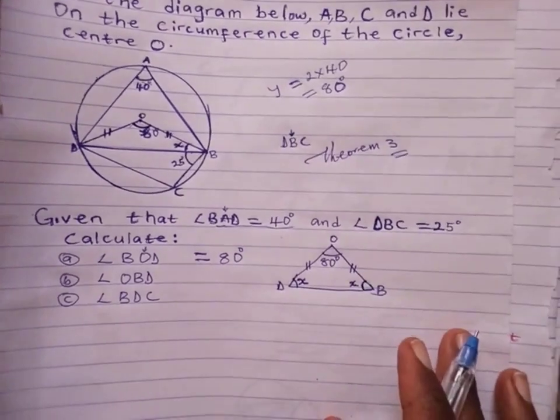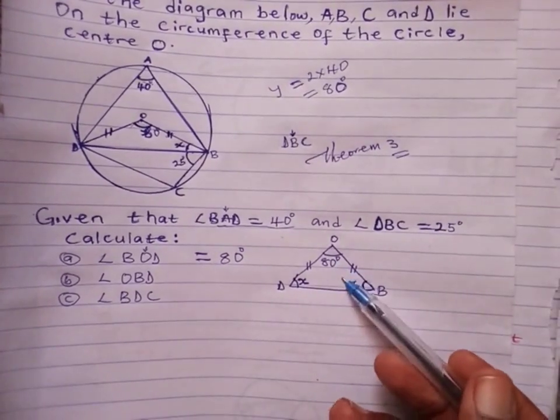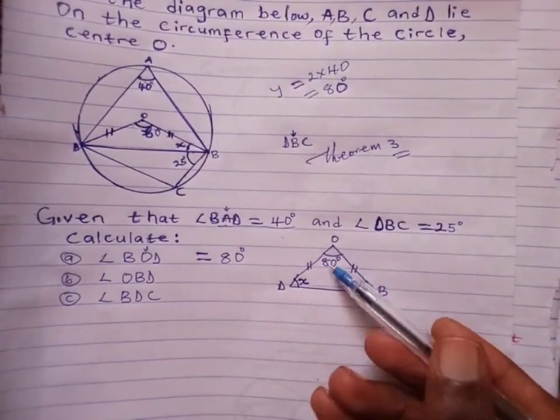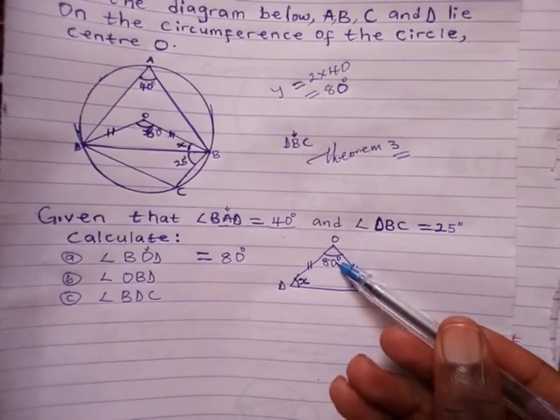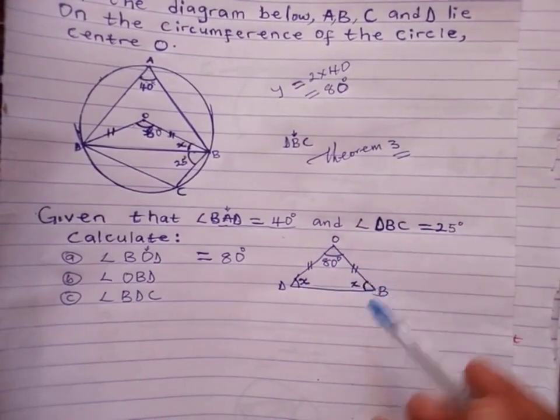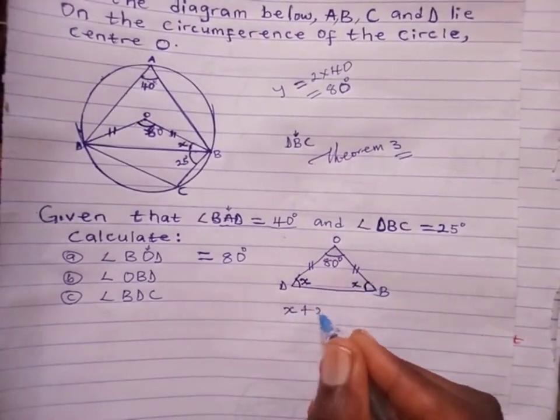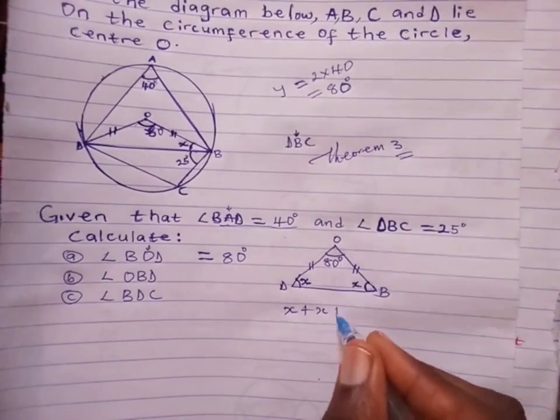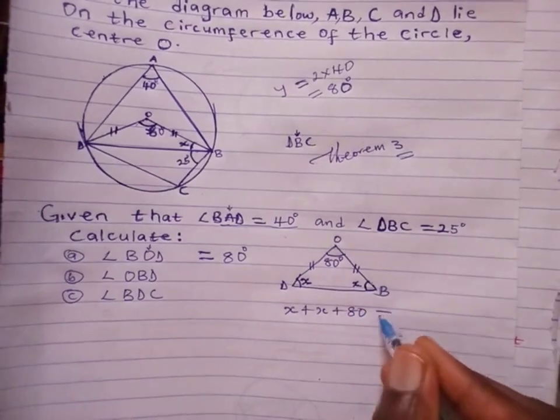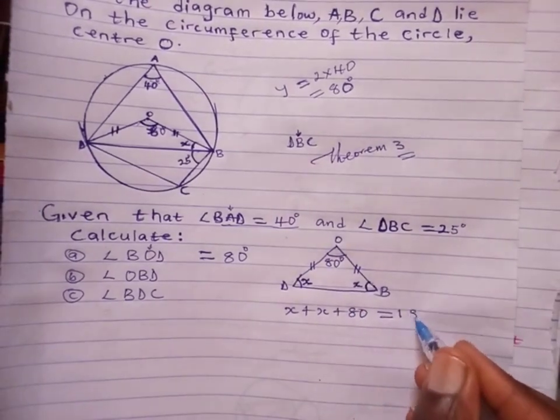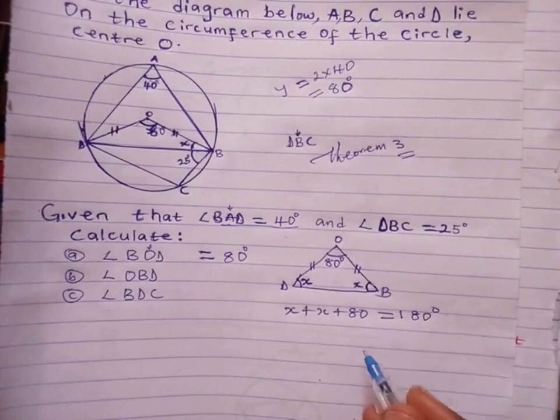Now, remember that the property of a triangle says that the sum of the angles inside a triangle is equal to 180. So it means that X plus this very X plus 80 is going to be equal to 180 degrees.